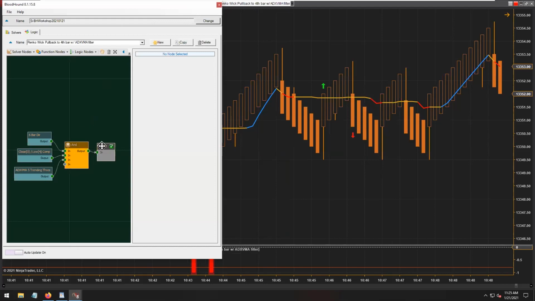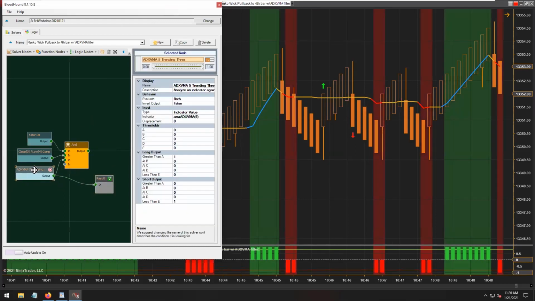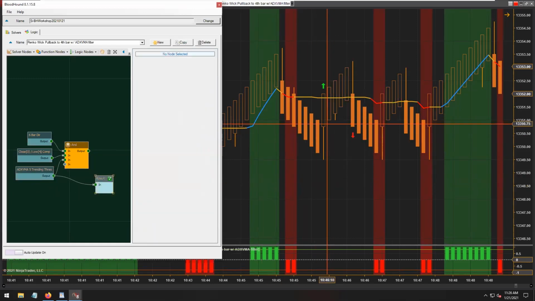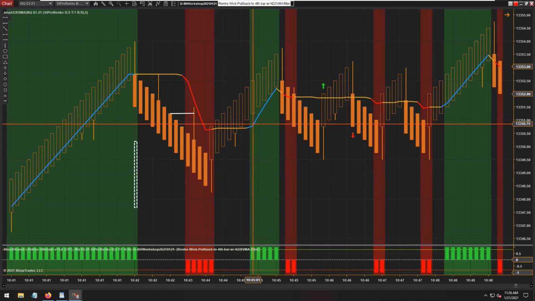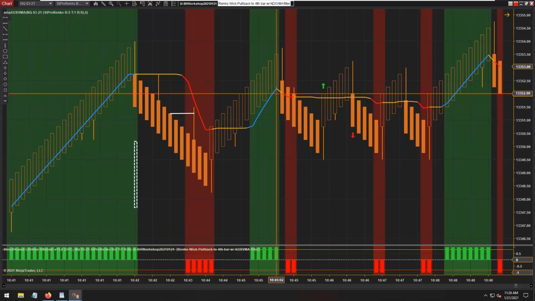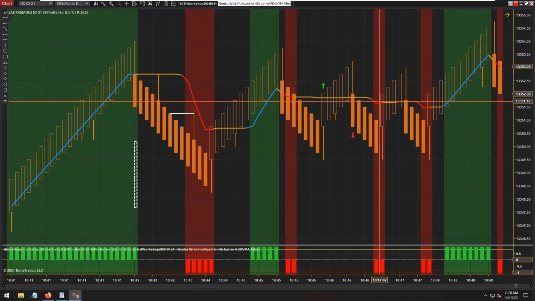If we want to prove that fact, we can take our threshold solver, connect it in, and see when the ADX VMA is allowing signals to go through.